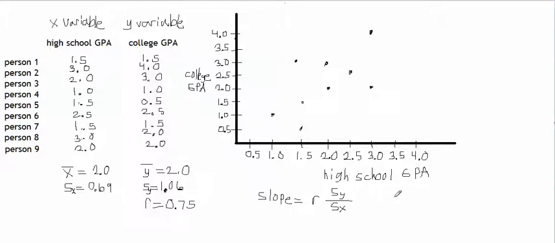If we substitute the values, we get 0.75 times Sy, which is 1.06 up here, and Sx is 0.69 down here. These are just the two standard deviations that we actually calculated by hand. The top one is a standard deviation of the y variable, which is college GPA. The bottom one is a standard deviation of the x variable, which is the high school GPAs.